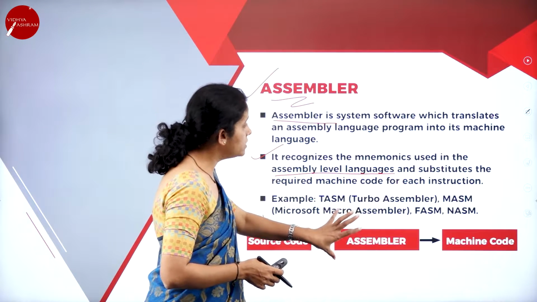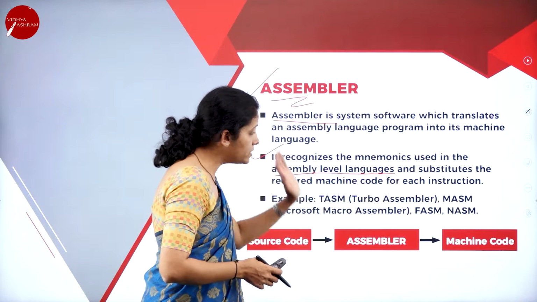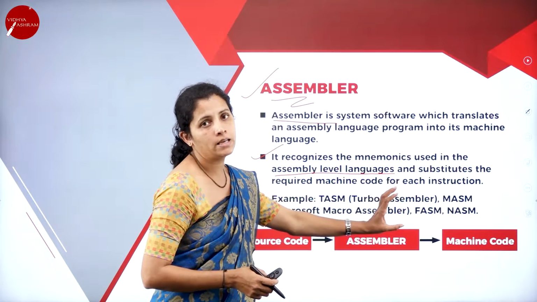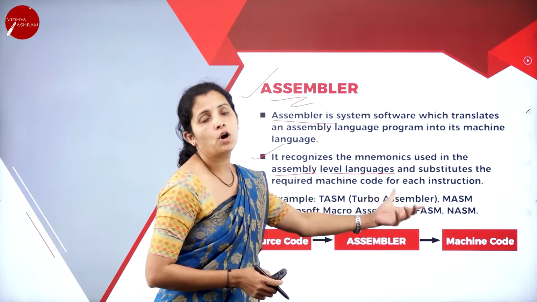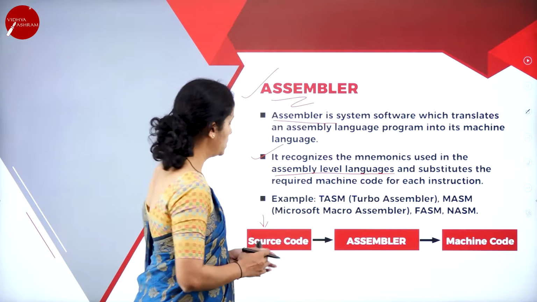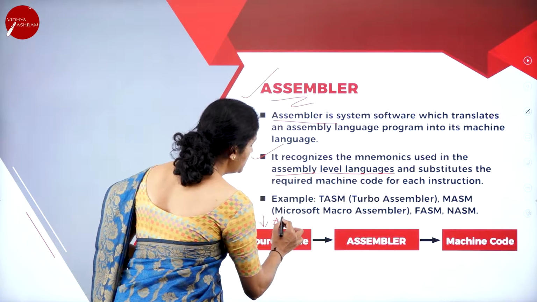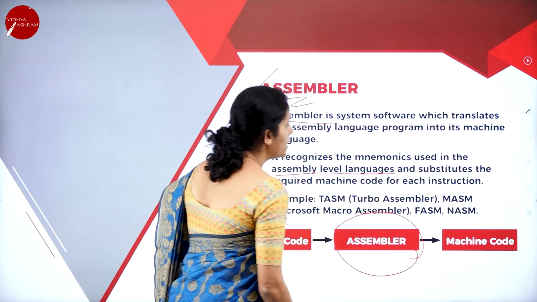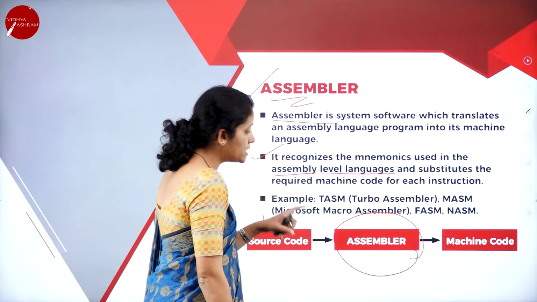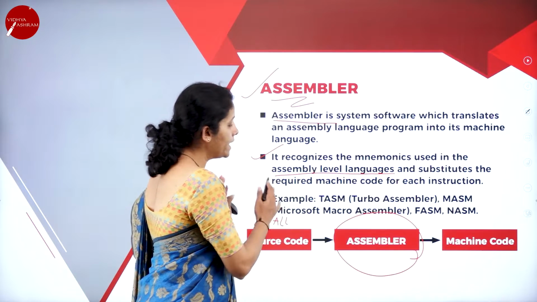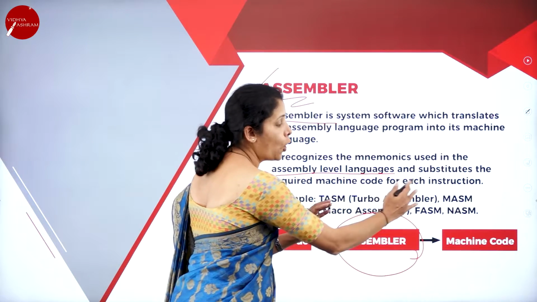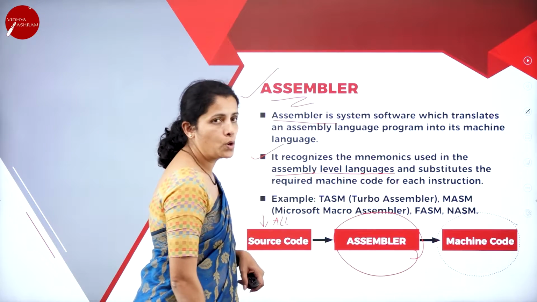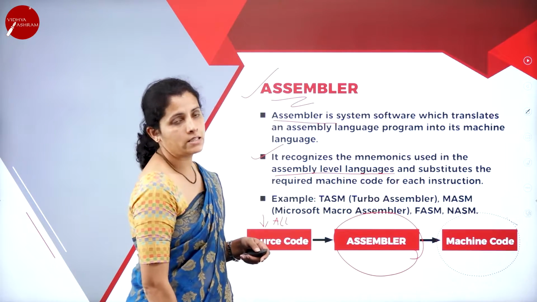So after translating, whatever the output I'm going to get, that is nothing but the machine code or object code. Now what's the input? That is assembly level language that is given to the assembler. Now assembler is responsible for converting assembly level language into object code, or nothing but the machine code, and this is the job of the assembler.